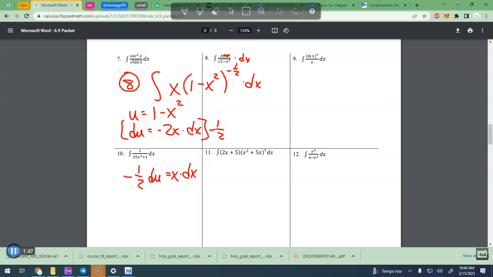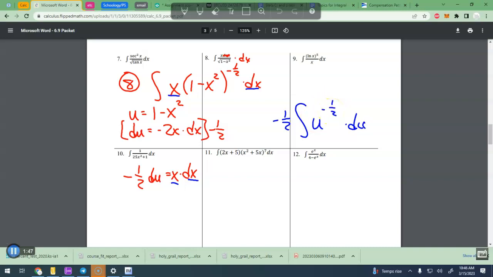And now I know what x times dx is, so I can replace x times dx with negative 1 half times du. Okay. And then u is 1 minus x squared, so this becomes u to the negative 1 half.